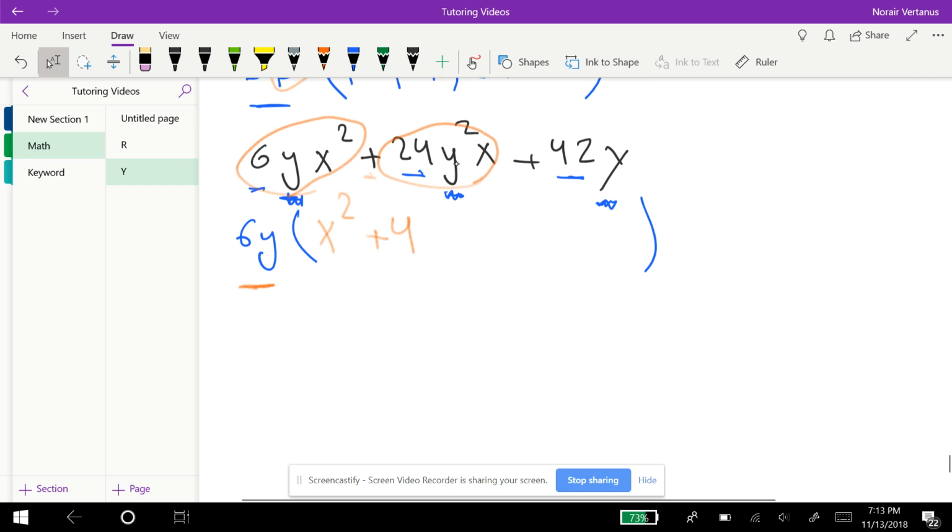Y squared divided by y, subtract the powers, is y, and x is left. Now positive divided by positive is positive, 42 divided by 6 is 7. So plus 7. Y divided by y is 1, which I don't need to write because 7 times 1 is 7. So we're done with this one.